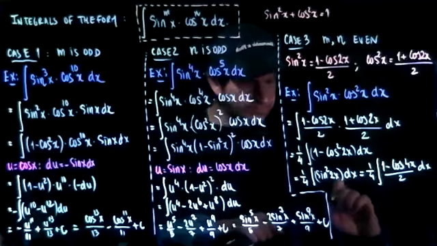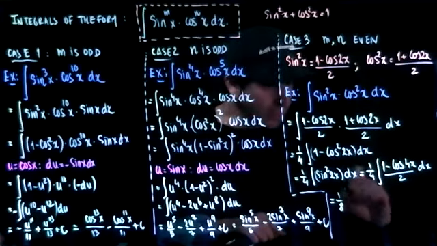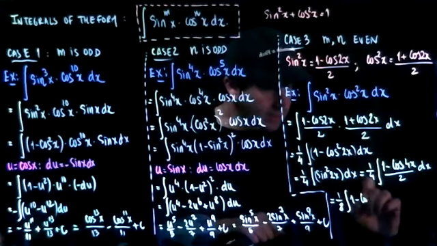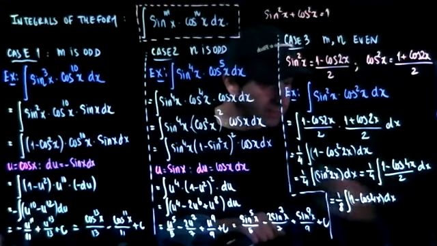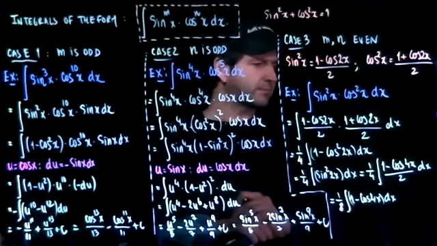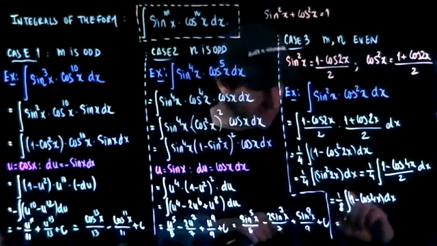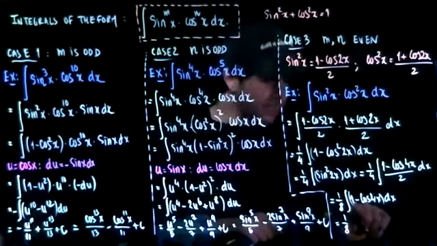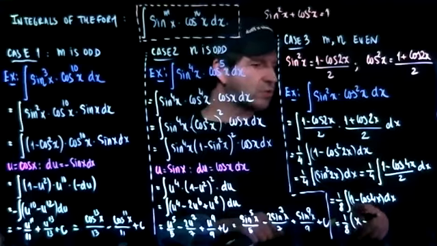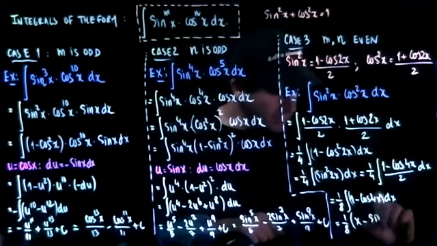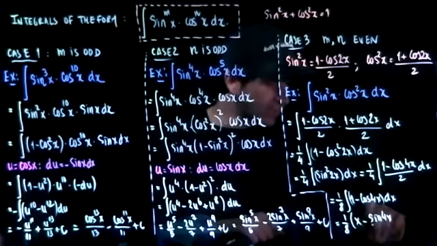Let's pull out the 2: 1 over 8 times the integral of 1 minus cos of 4x dx. And that's easy. I get 1 over 8 times x minus the integral of cos 4x, which is sine 4x over 4, plus c. If you do a substitution u equals 4x, du is 4dx, you get du over 4.